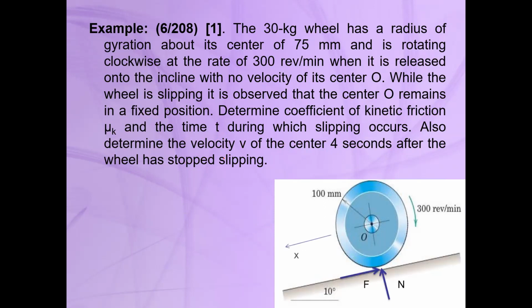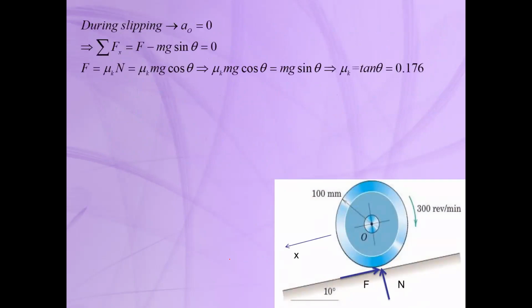So again, if you plot the free body diagram, we will have the weight, the friction force, and the normal force. We assume axis x, which is parallel to the inclined surface. During the slipping, since there is no motion and the wheel is rotating, the mass center point O will stay here and there is no acceleration.